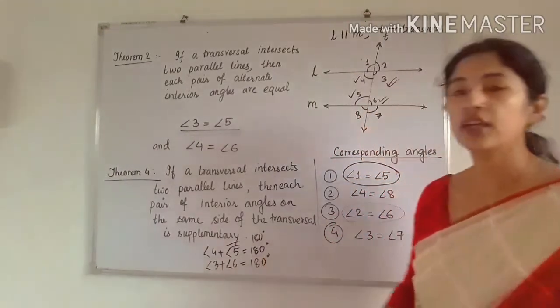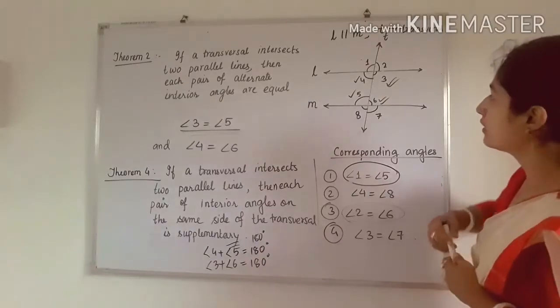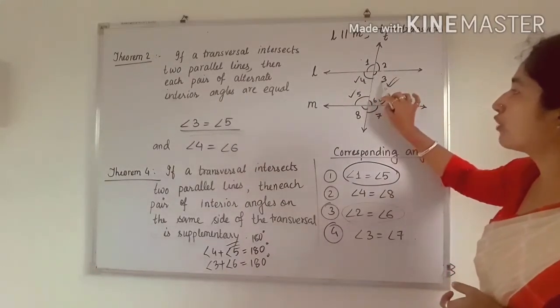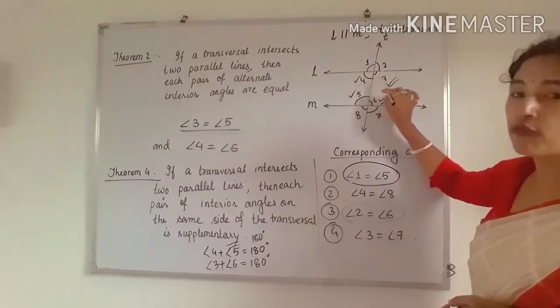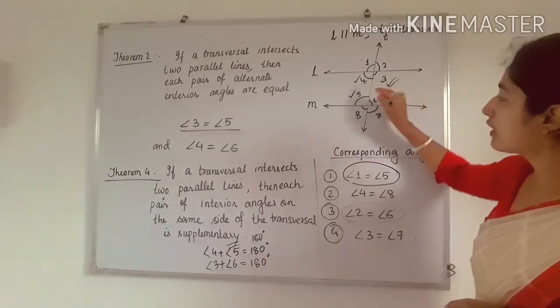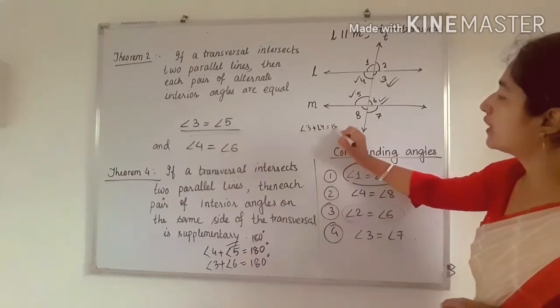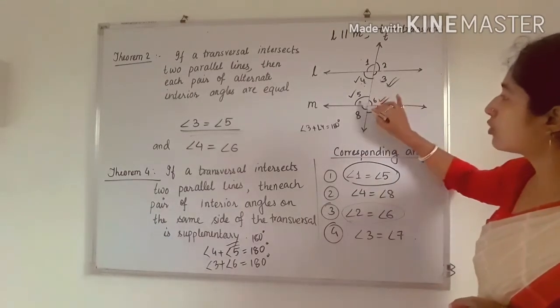So how can we do the proof of this theorem? See, already we know that angle 3 plus angle 4, okay, angle 3 plus angle 4 will be equal to 180 degrees because these two angles form what? A linear pair of angles. Okay. So we can write angle 3 plus angle 4 is equal to 180 degrees. But see, angle 3 is also equal to what?